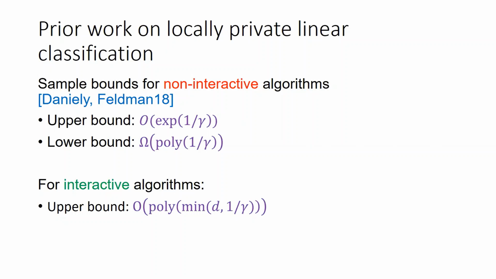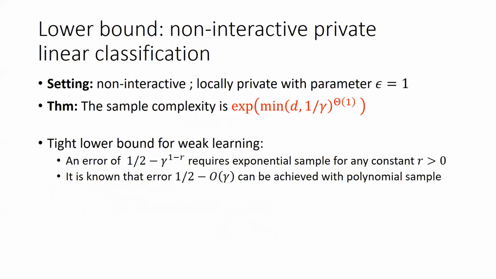For interactive algorithms, there exists an algorithm with a sample complexity that is polynomial in the minimum of the dimension and the margin, and 1 over the margin. This already suffices to give an exponential separation between interactive and non-interactive when the margin is exponentially small. But the question that one would ask is what happens when the margin is large.